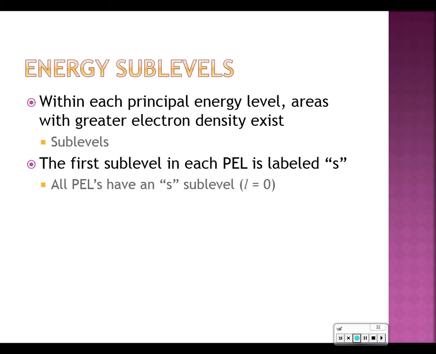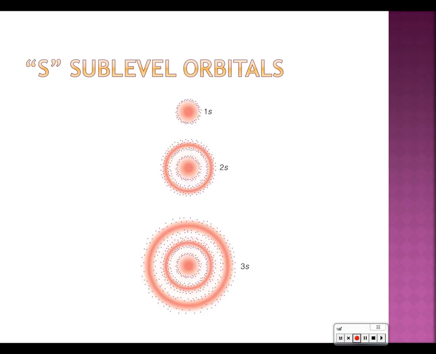It's the sphere. All principal energy levels have an S sublevel. We assign that value L equals 0, and we'll talk about that when we talk about all the sublevels in a second. That's our first sublevel. They all look like this.